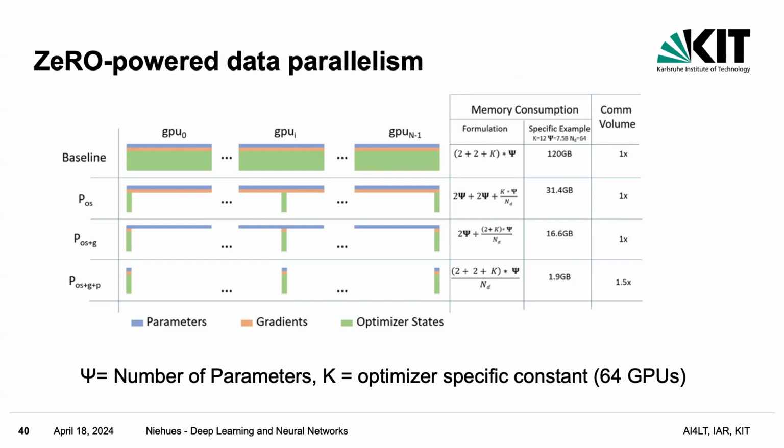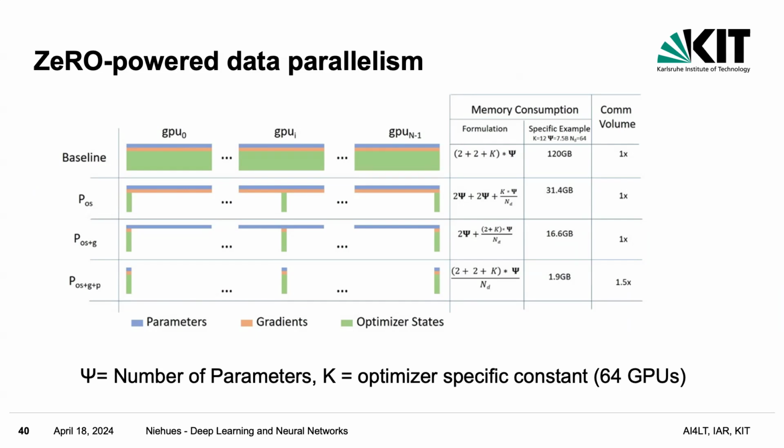And now you can, of course, extend that. You can also store the gradients only partly, and you can also store the parameters only partly. In the end, only 1% of the data is used at a time, and the rest is distributed. So it's significantly more optimized than it was before.